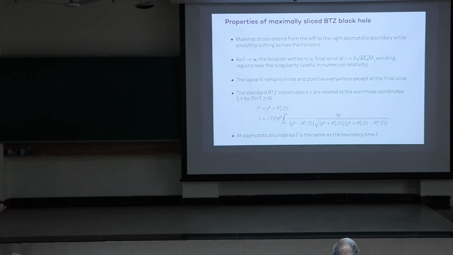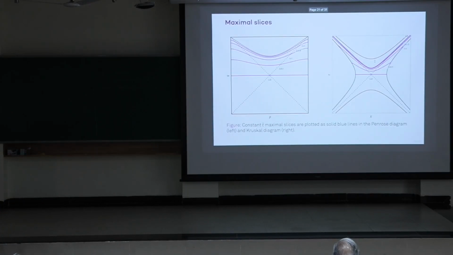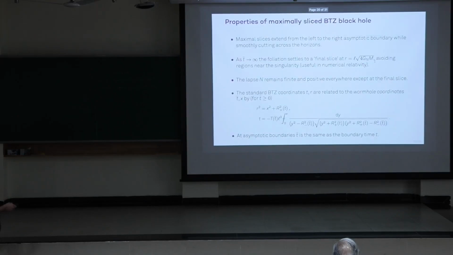As t bar goes to infinity, the foliation settles to a final slice, avoiding regions near the singularity. And this is something that's actually useful for people doing numerical relativity. So as t bar goes to infinity, one approaches this final slice, shown in orange. And the region behind it and near the singularity is not covered by these slices.